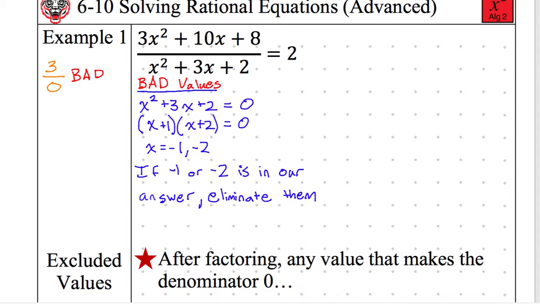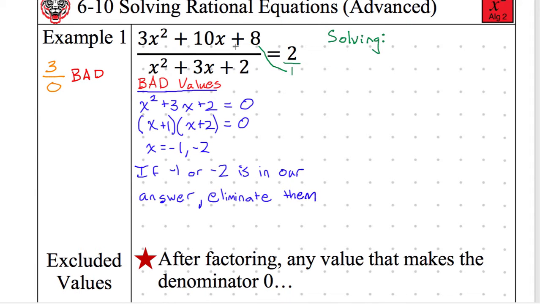All right, so let's go ahead and actually solve this problem now. Let's go ahead and factor. Actually, let's not factor because we don't need to factor. What are we going to do to solve? Something with the diagonals. Cross multiply. So this is 2 over 1. So when I cross multiply, let's do this direction first. That's going to give us what?